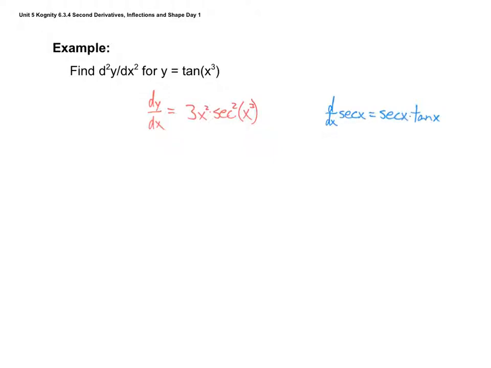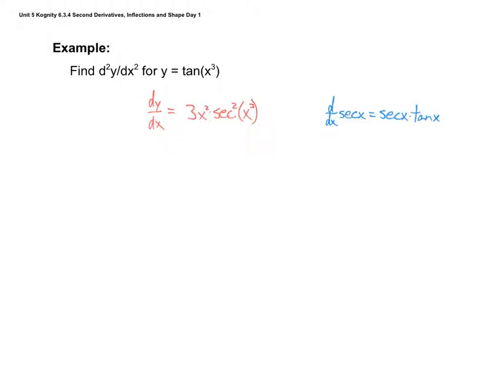What do we have to use if we have a function that's then squared? The chain rule.